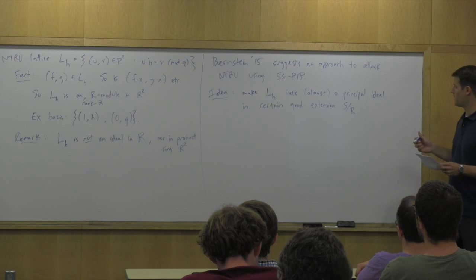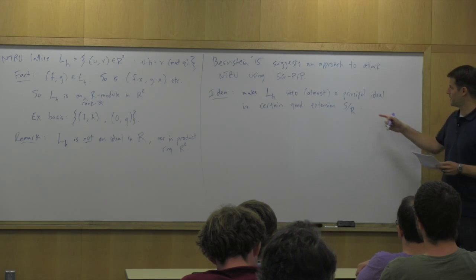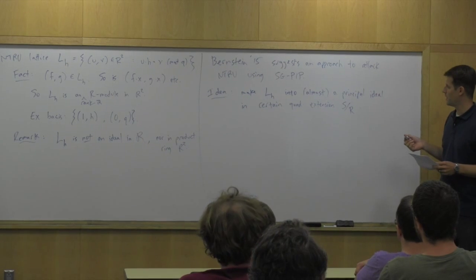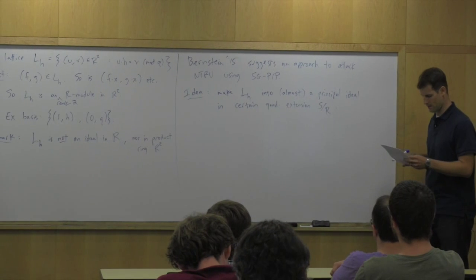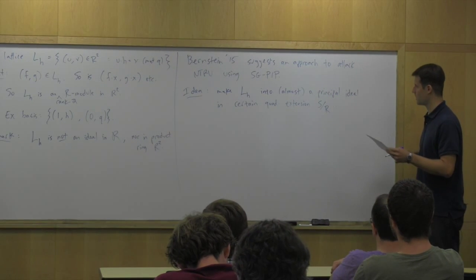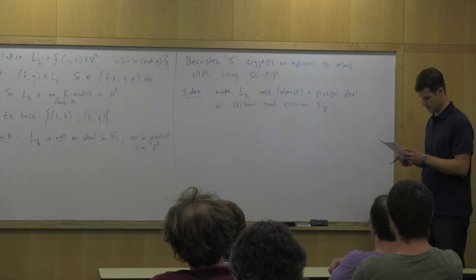Well, it won't become a principal ideal in this particular ring extension, but it'll be maybe close to one, and then we'll see what we can do. So, okay, that's the basic idea of this.